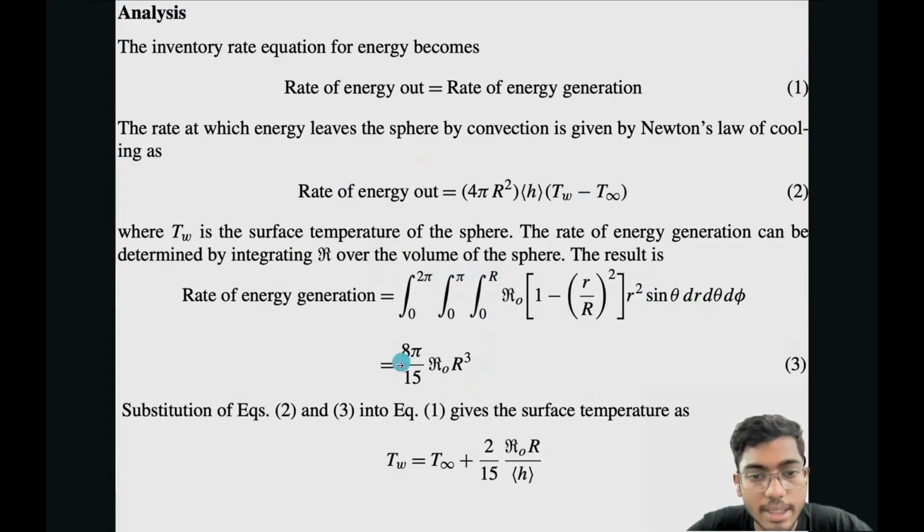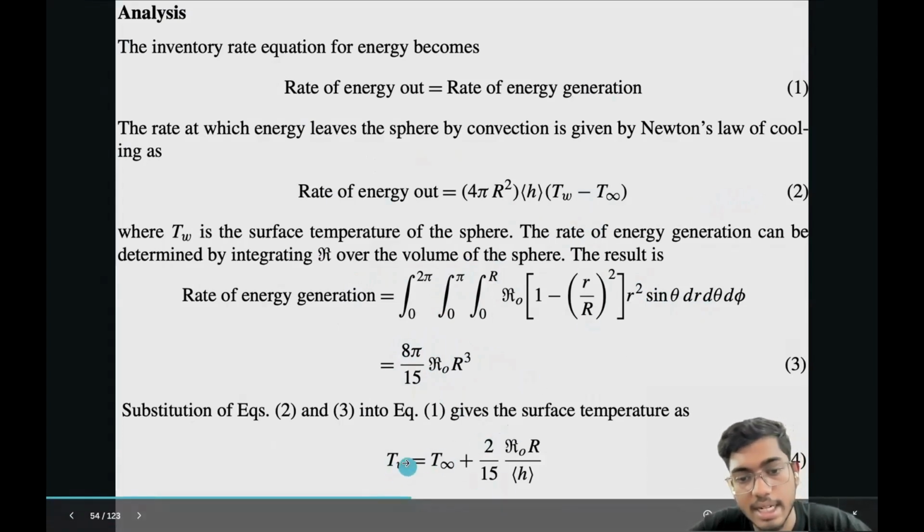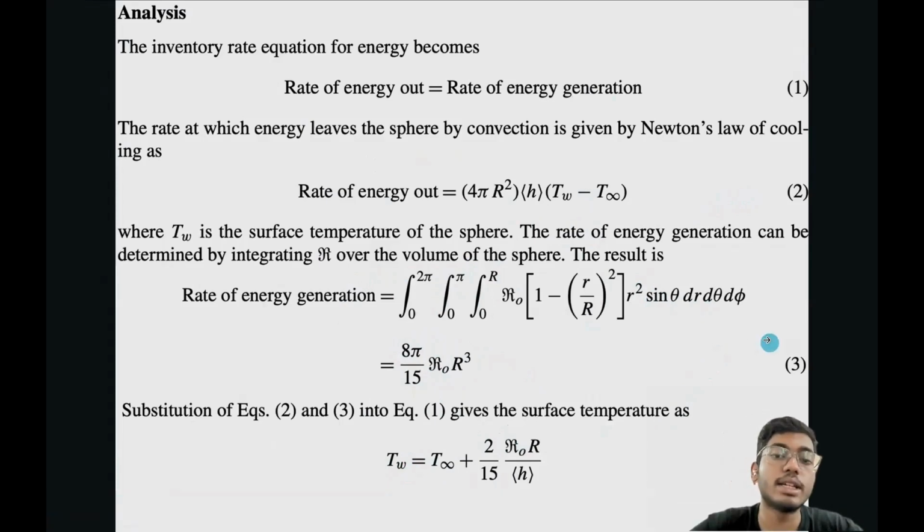So by solving this, we get equation number 3. Equating these two equations, equation 2 and equation 3, we get our desired expression for the surface temperature. Now we can also solve this question using Cartesian coordinates.